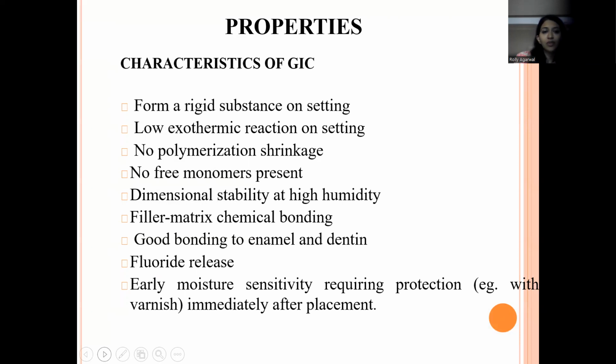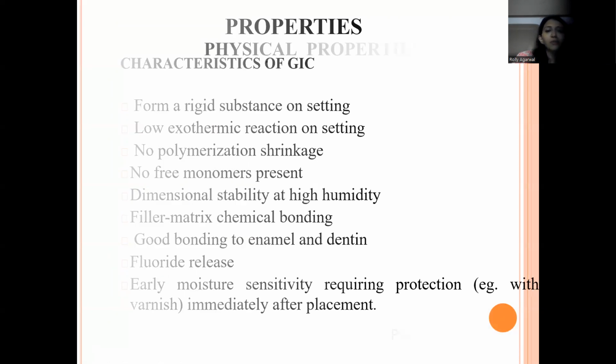Glass ionomer cement forms a rigid substance on setting. It has a low exothermic reaction, no polymerization shrinkage, no free monomers present, dimensional stability in high humidity, filler matrix, chemical bonding, fluoride release, good bond to enamel and dentine, and early moisture sensitivity, which requires protection immediately after placement.